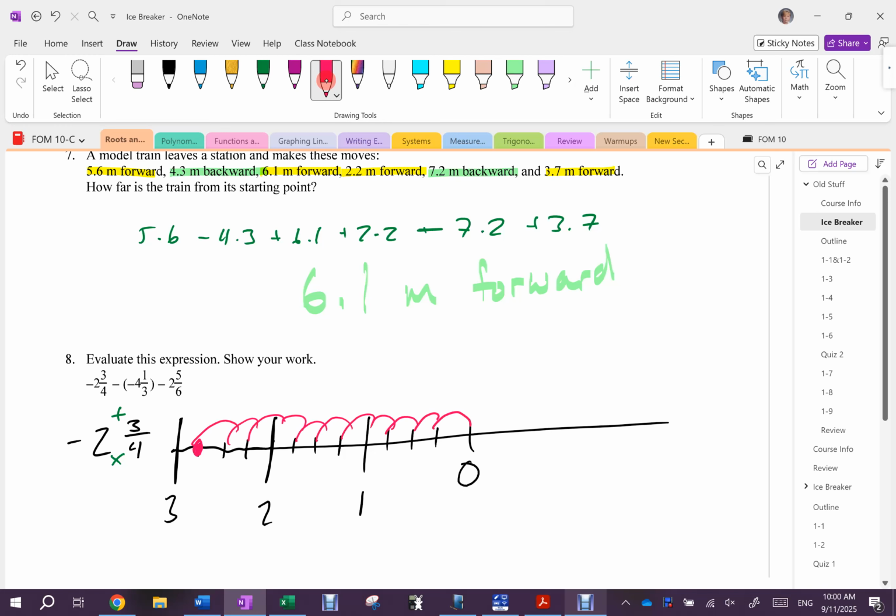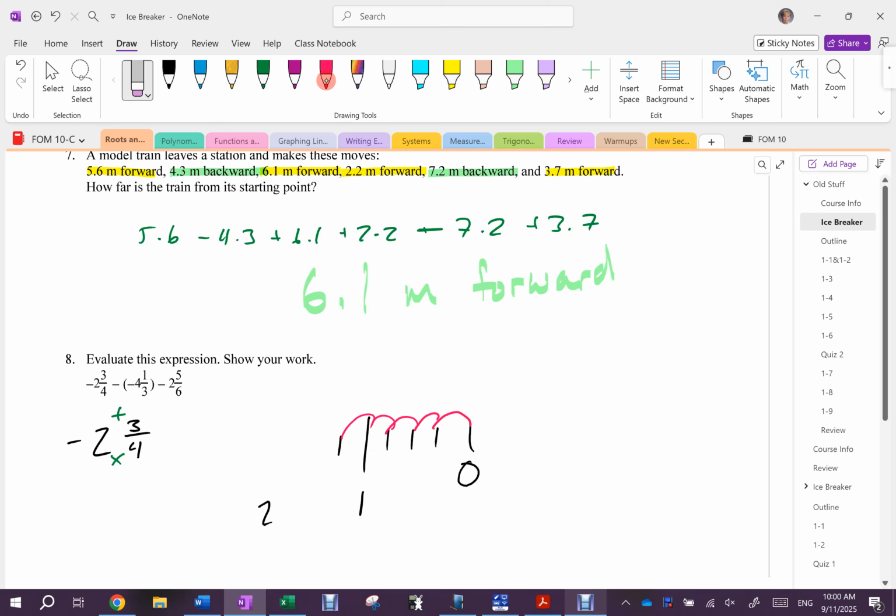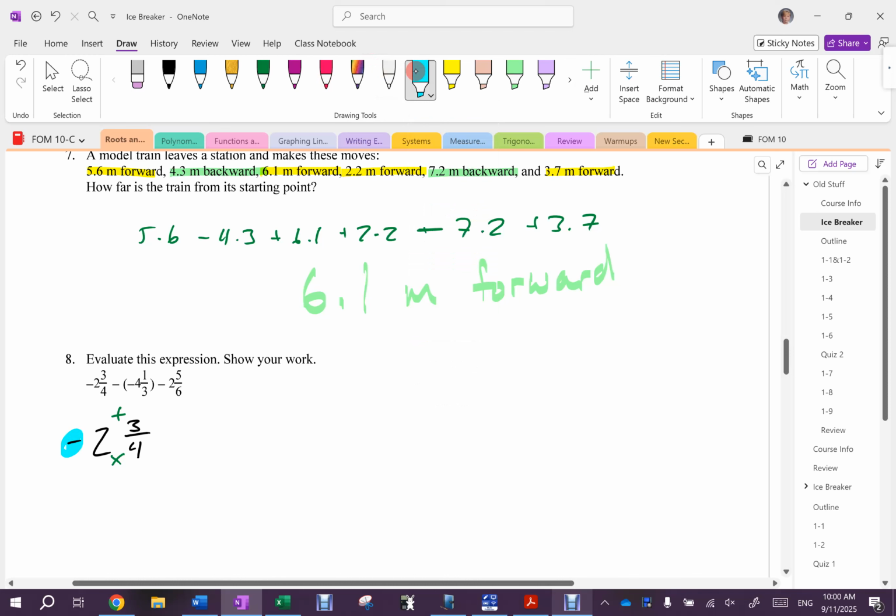It is not 5/4. So when your teacher told you that little shortcut, it's right, but you have to remember, this is the direction you go. It has nothing to do with the distance. So 2 times 4 plus 3 is indeed 11/4, but it is negative. Then I am subtracting a negative number. 2 things I could do here.